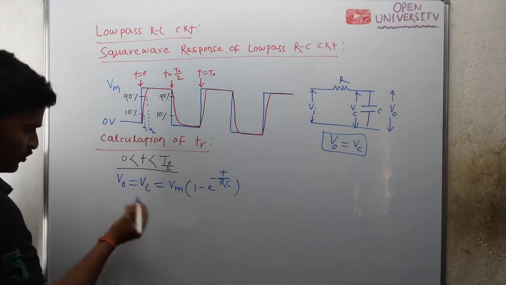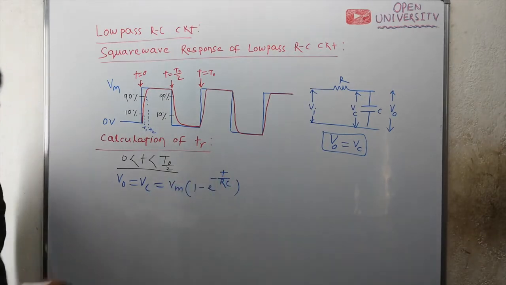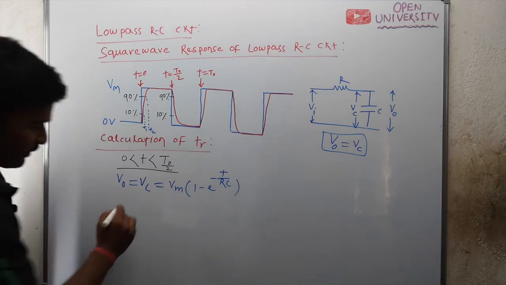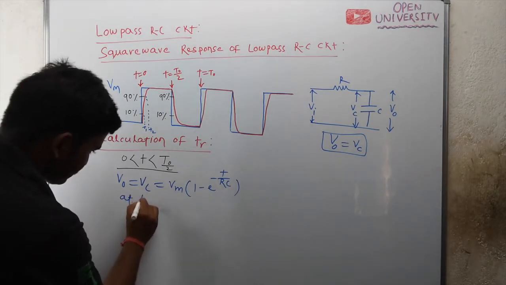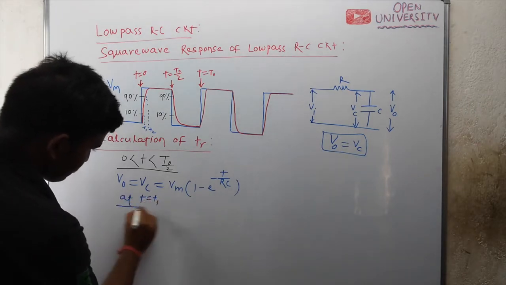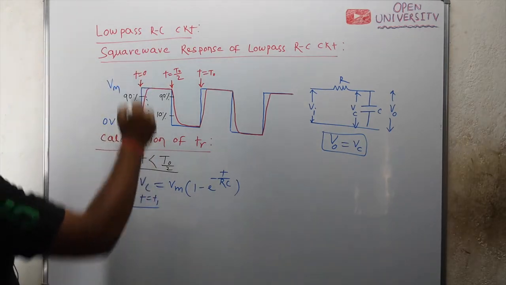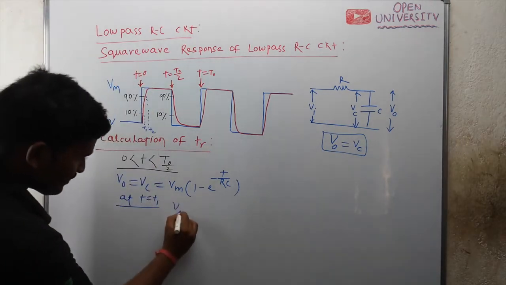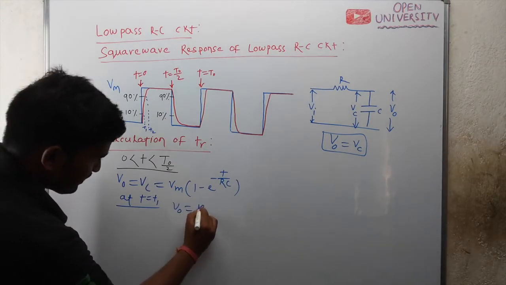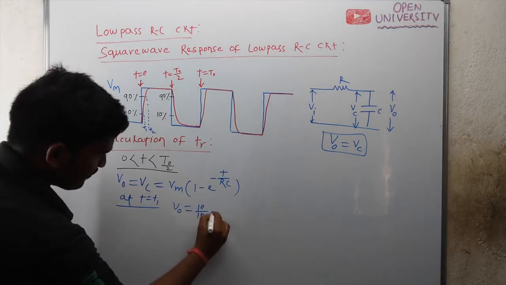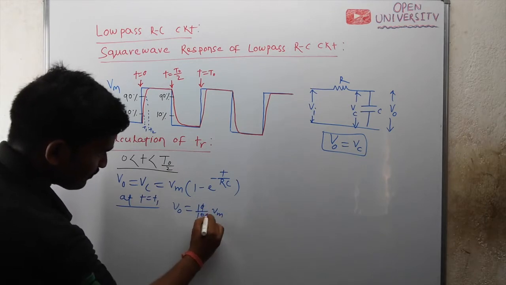Okay, so at t equal to t1, what is the output voltage? V naught is 10% of Vm, of the maximum value.